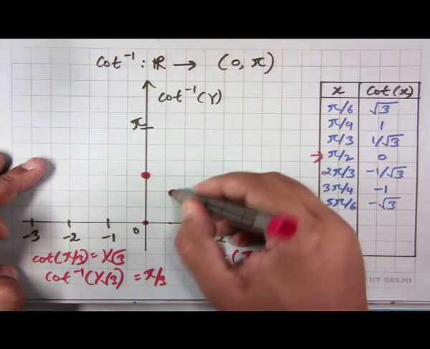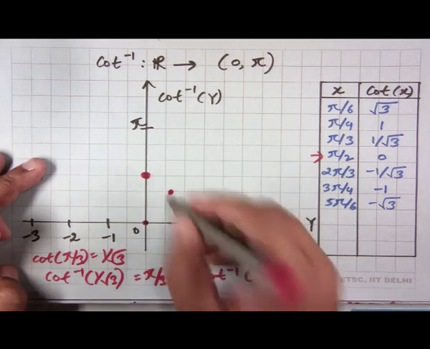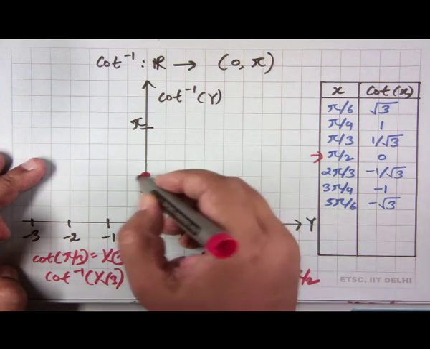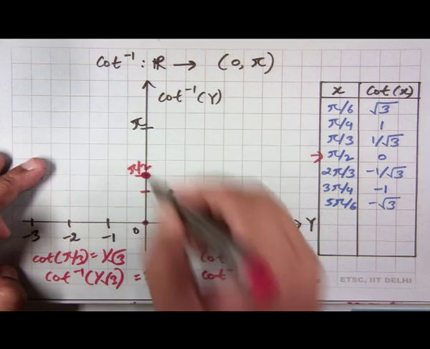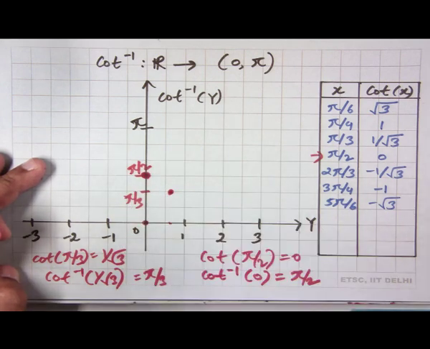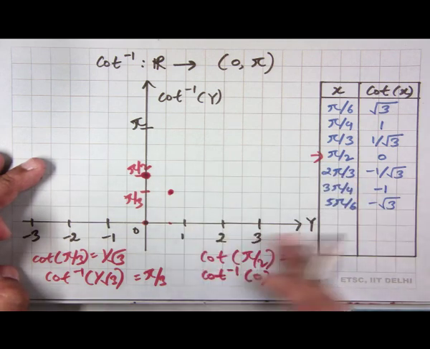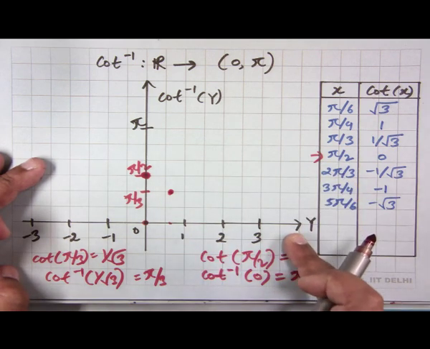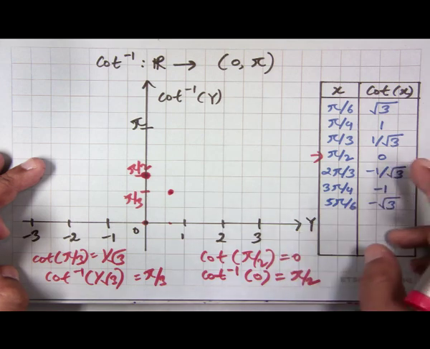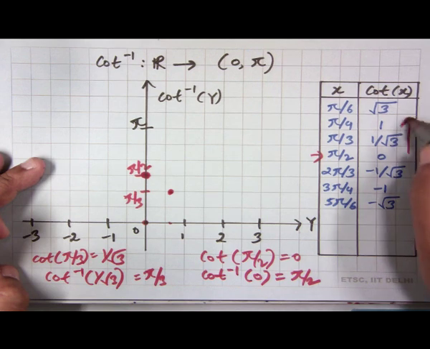So, we will get this point here. So, this was pi over 2, this is equal to pi over 3, and then as we increase y to more positive values, we are going in this direction here.